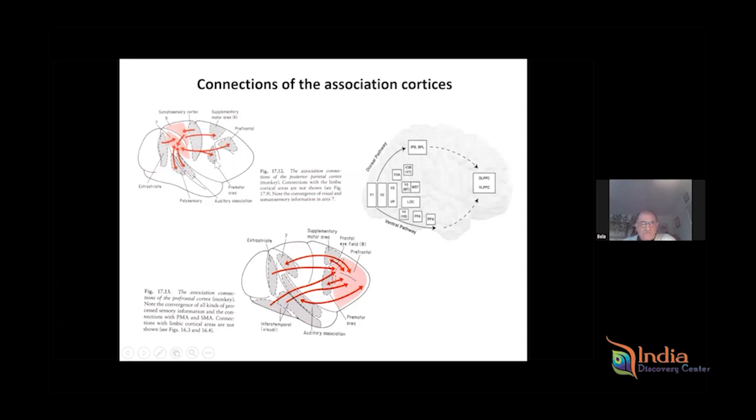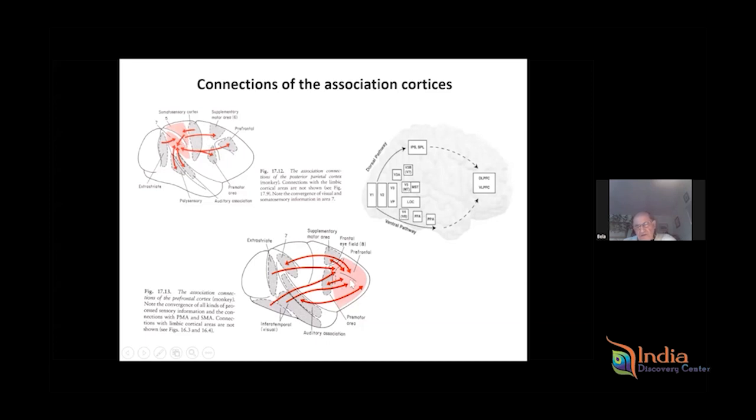Here the parietal cortex has very diffuse connections to the temporal, frontal, and occipital areas.